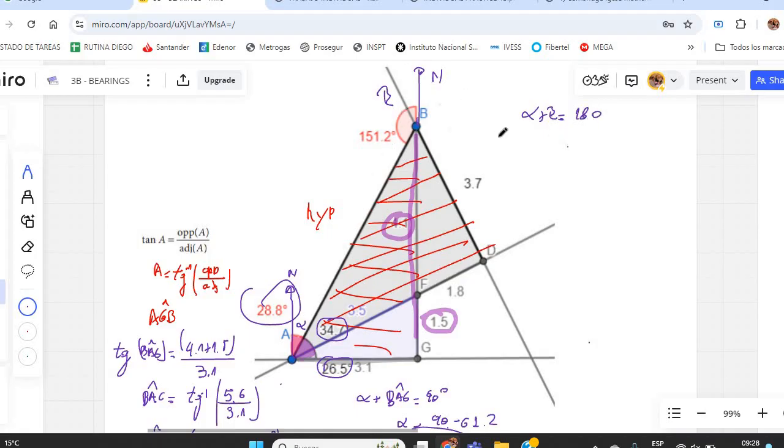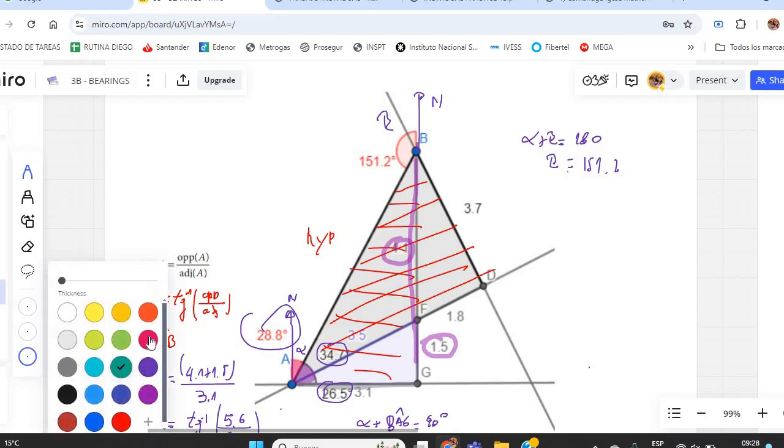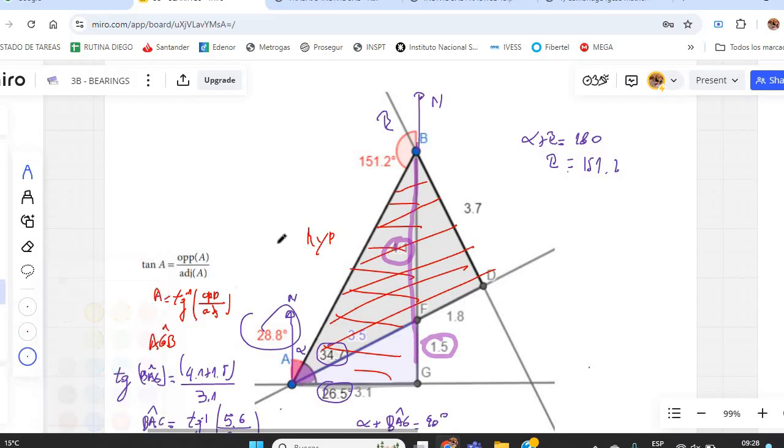If all the calculations are correct, then you will find out that this value is 151.2, this angle. But what is the bearing? The bearing is this angle over here, the direction from the north up to this point.